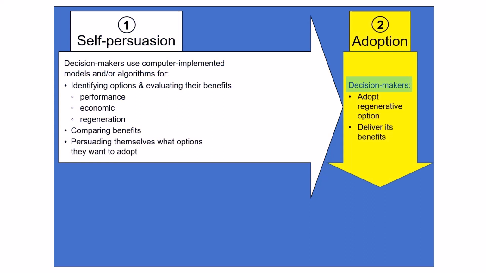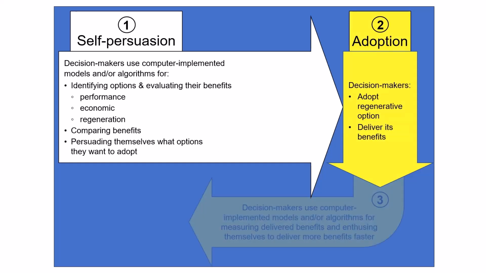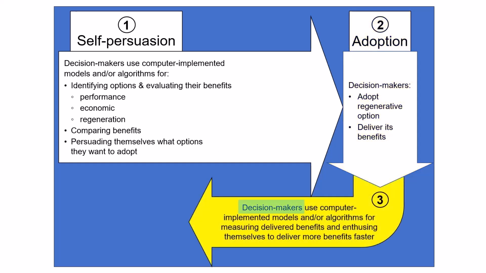Second, decision makers adopt a regenerative option and deliver its performance benefits, economic benefits, and regeneration benefits. Third, decision makers measure the delivered benefits and enthuse themselves to deliver more benefits faster.